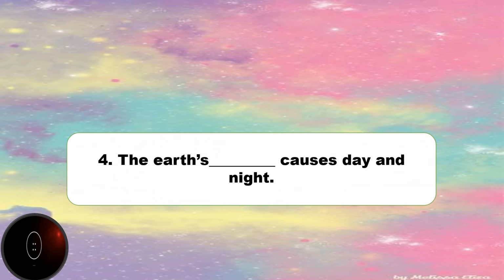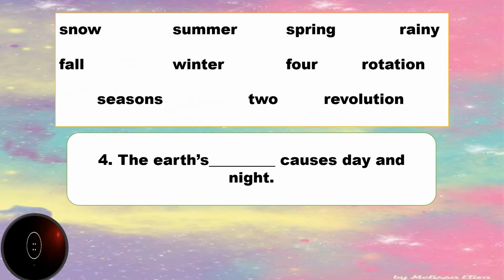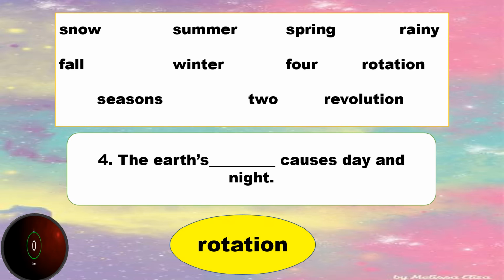Number 4. The Earth's blank causes day and night. Again, the Earth's blank causes day and night. Timer starts now. Time's up. If your answer is rotation, then you are excellent.